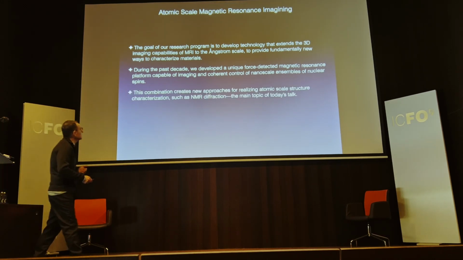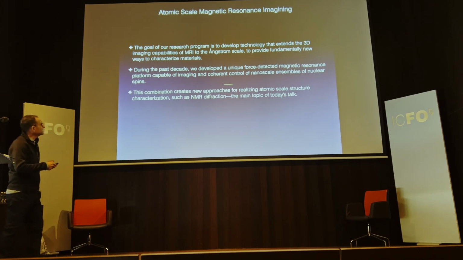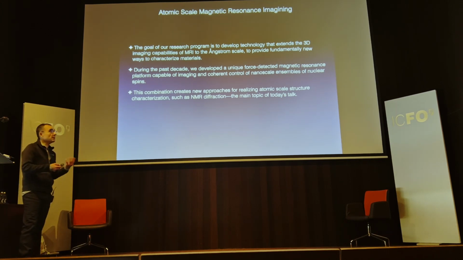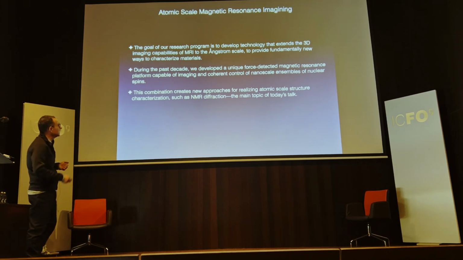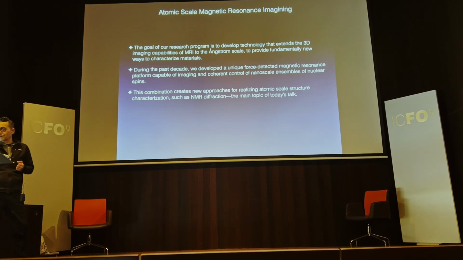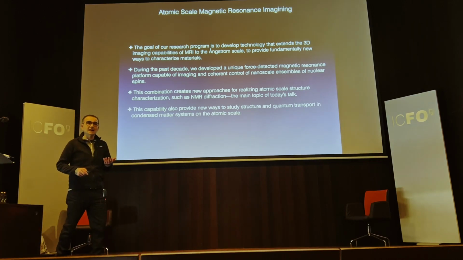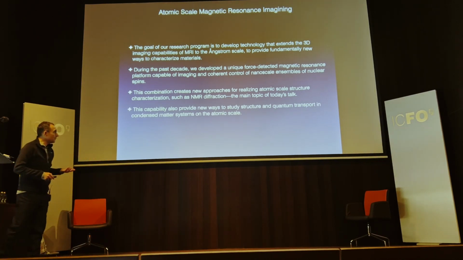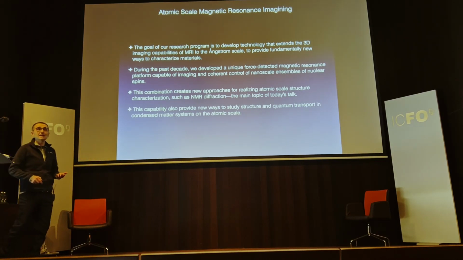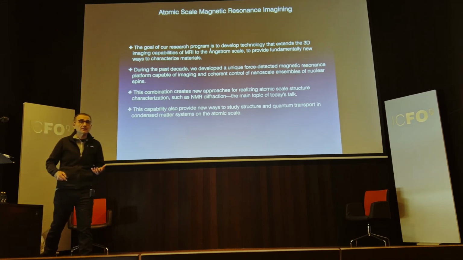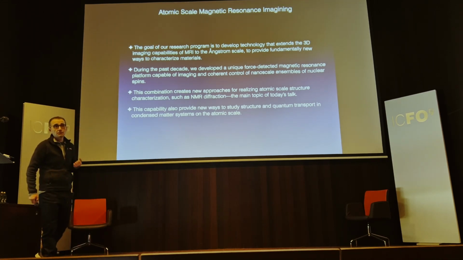And so the particular application of those two capabilities I'm going to talk about today is this thing called NMR diffraction. Okay? And so if we can realize atomic scale NMR diffraction, it gives us a new way to study not only structure of materials, but also quantum transport, which is really interesting.